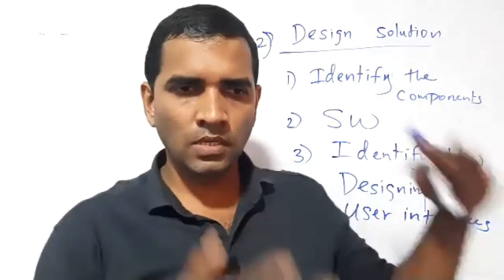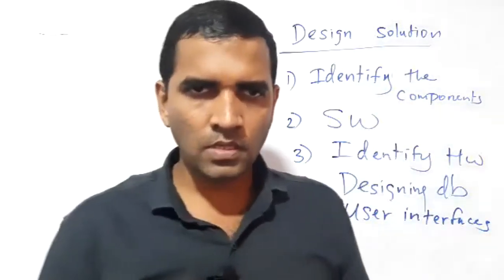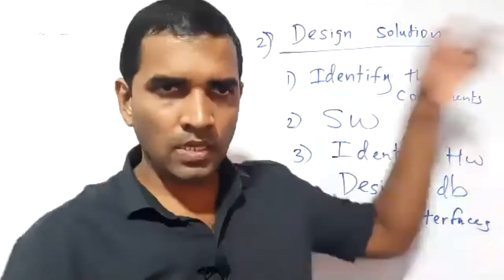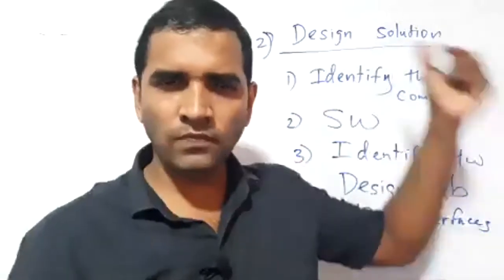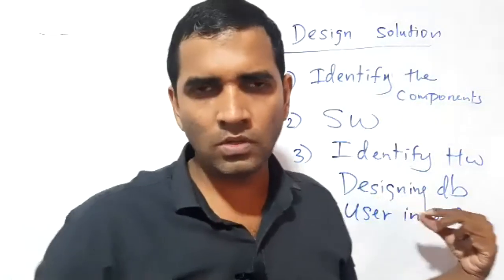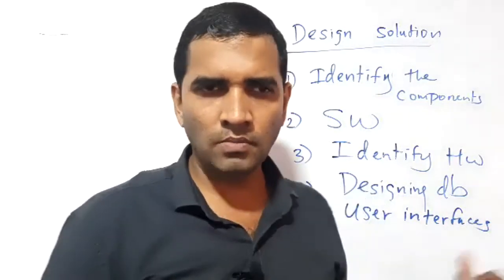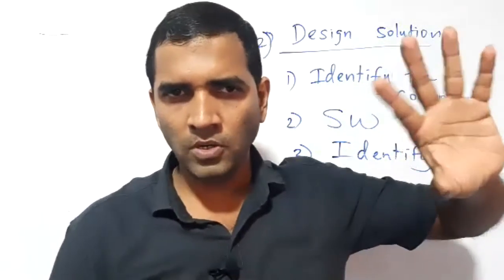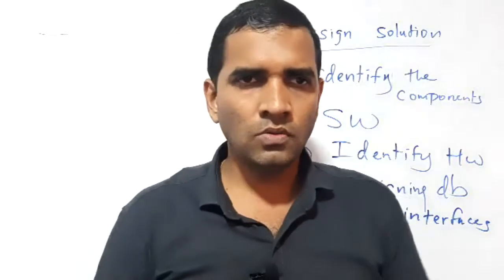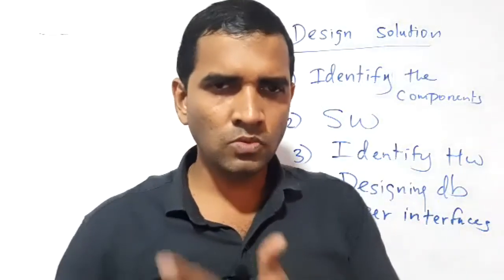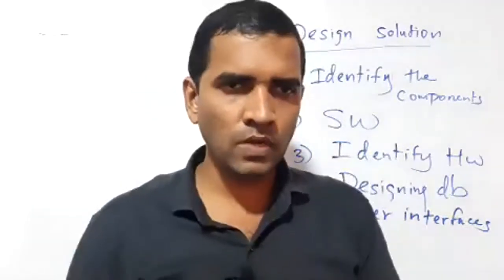Okay, so if the design is perfect, then the SDLC moves to the next phase, because here now you got some idea, right? If the design goes wrong, your system will definitely fail. You design the database, you identify the software components, assume that you forget to identify one important component. What happens? In the next phase you will develop the system without that particular component.